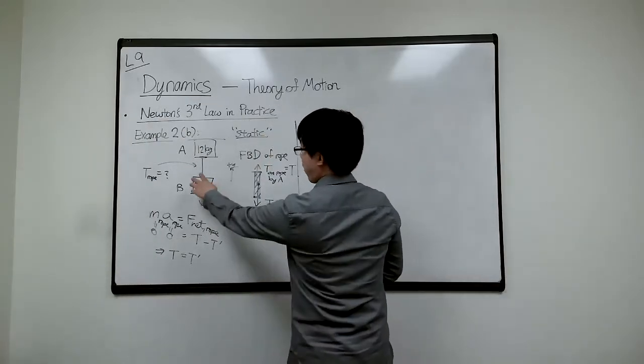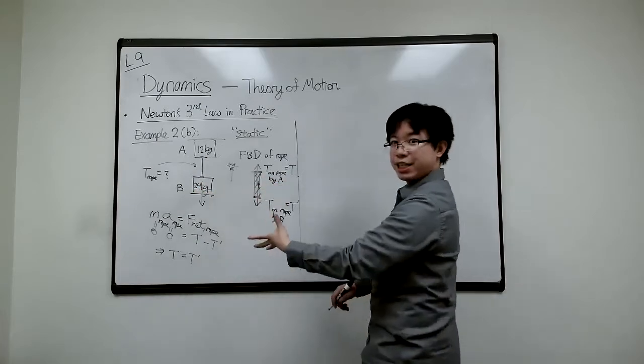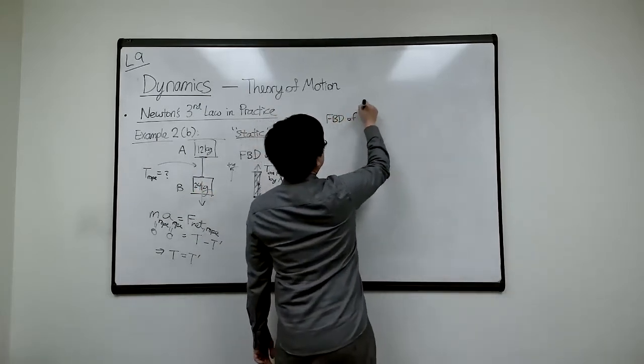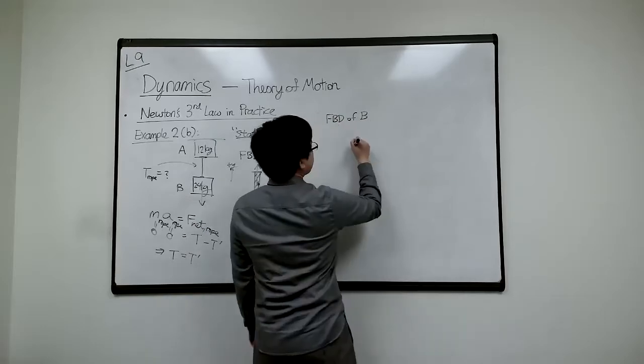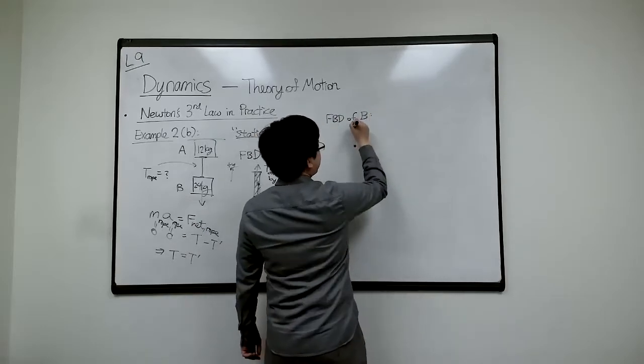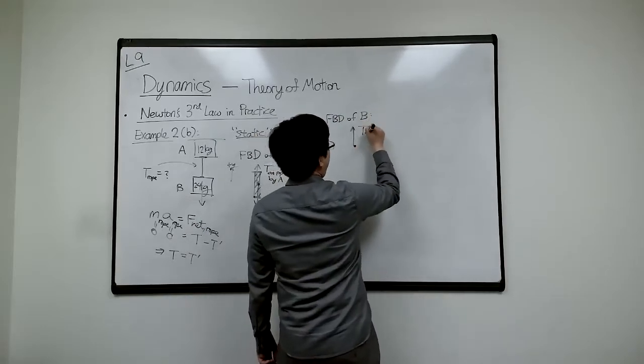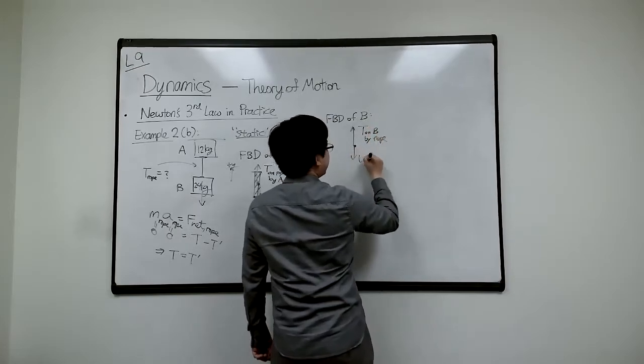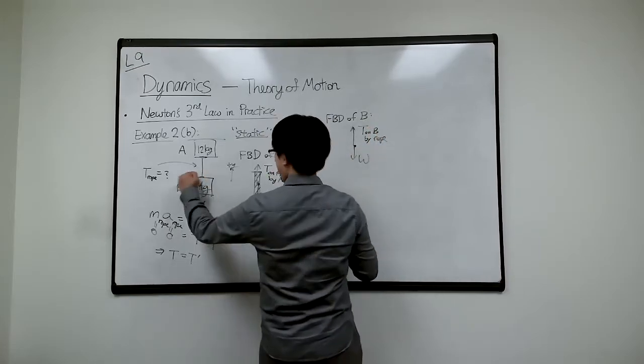Because this guy has a weight that's probably going to contribute to the tension. So we'll draw the free body diagram of B. Did I label B? Yes, I did. Good. So the free body diagram of B is there's a tension on B by rope, and there is the weight, because that's the only contact force.